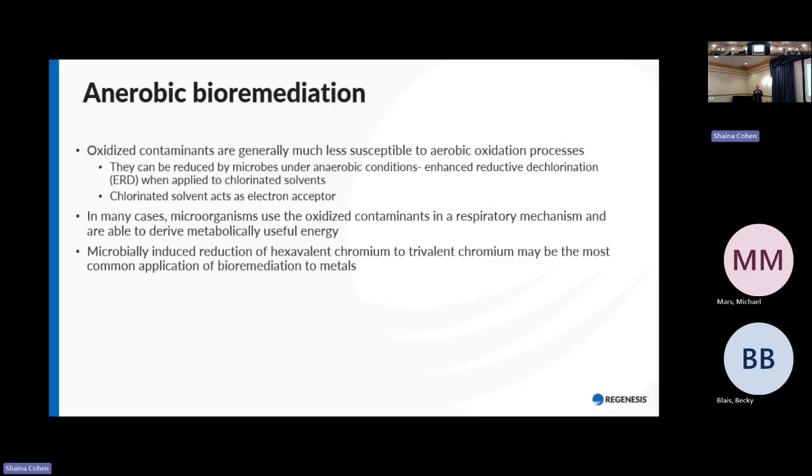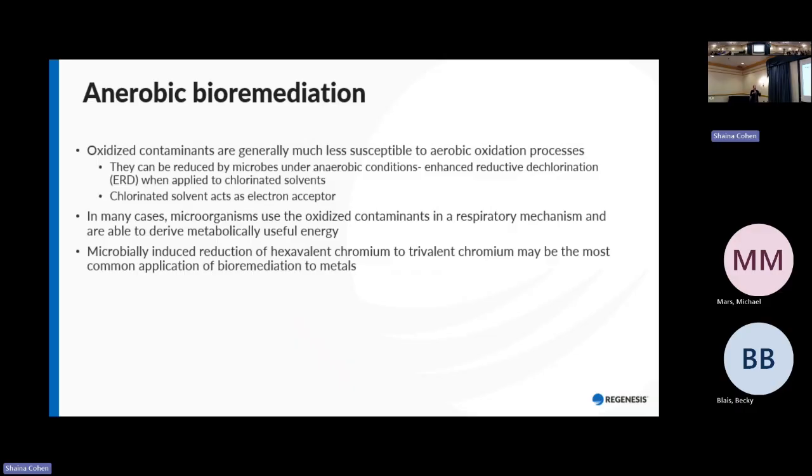Part of why these chlorinated VOCs are not really susceptible to oxidative processes is that they themselves are already in an oxidative state. In any case, the chlorinated solvent in this scenario is acting itself as the electron acceptor.